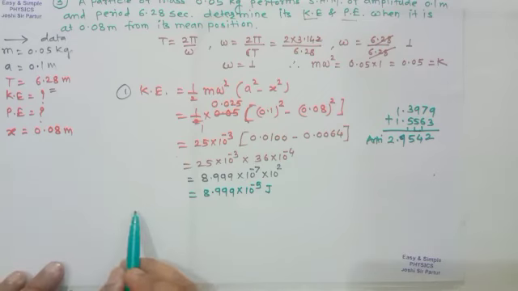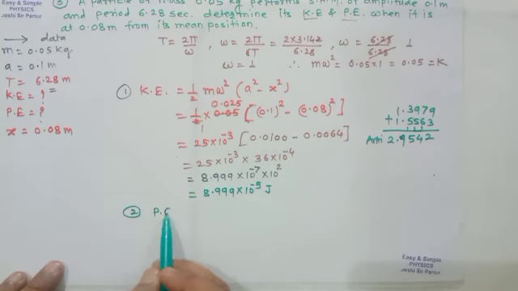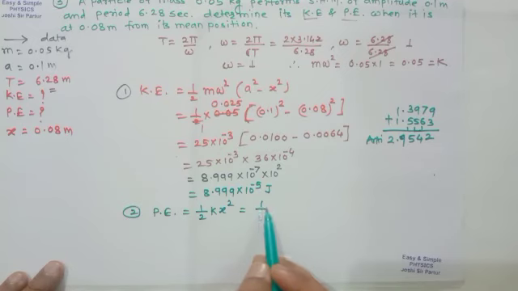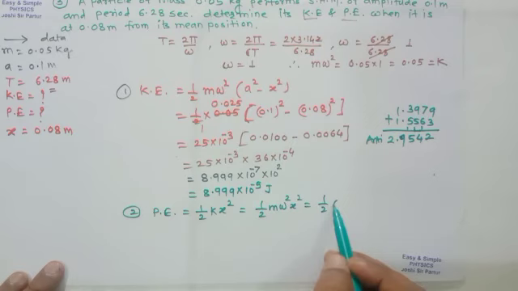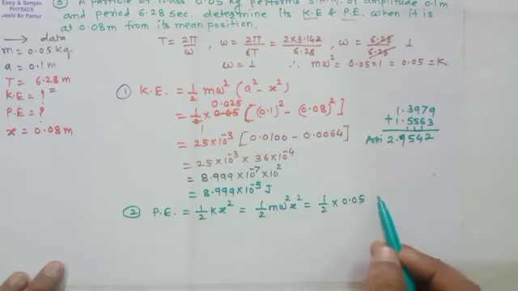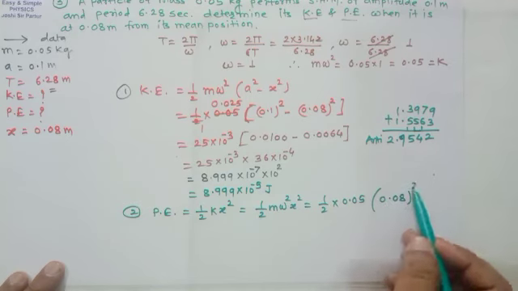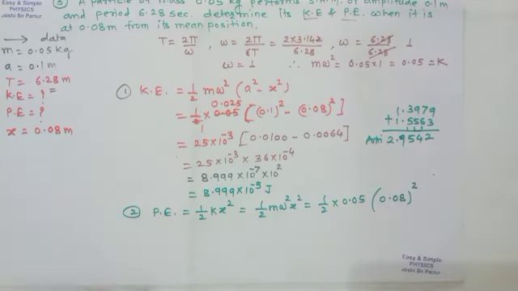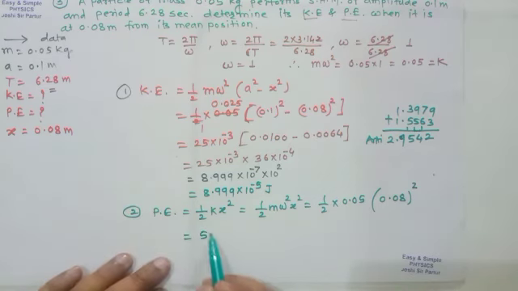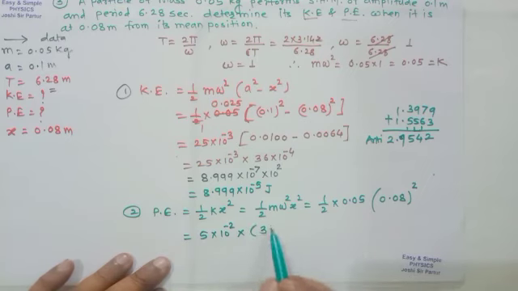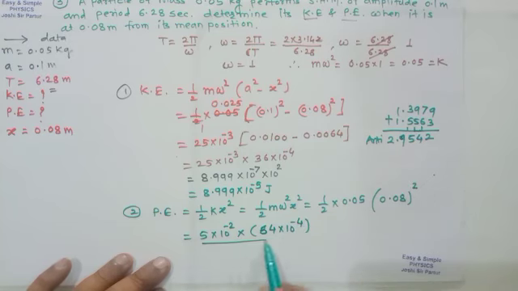So here again we can find out potential energy. Potential energy is equal to half kx square, that is half m omega square x square. It will be half into 0.05 in bracket x will be 0.08 bracket square. Here we can write 5 into 10 raised to minus 2, 64 into 10 raised to minus 4 divided by 2.